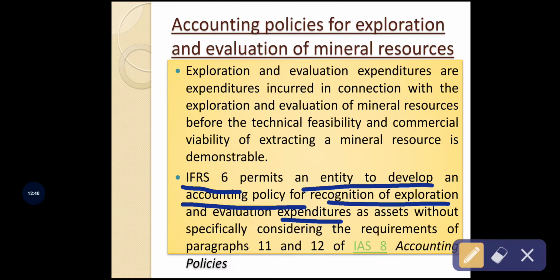Okay, in order to explore and evaluate the mineral resources, definitely some cost will be incurred by the business organization, right? How will the exploration and evaluation be carried out? By using technological know-how and some assets.